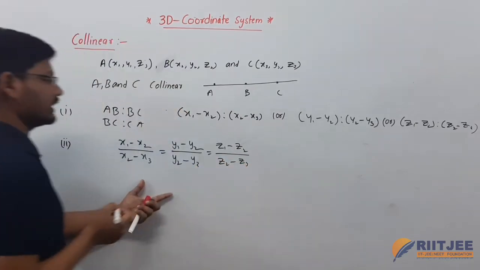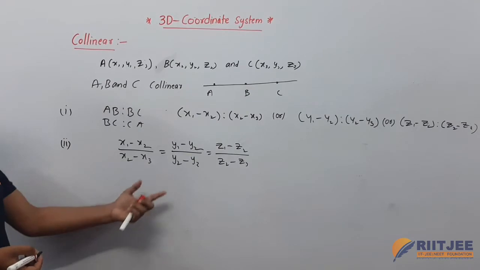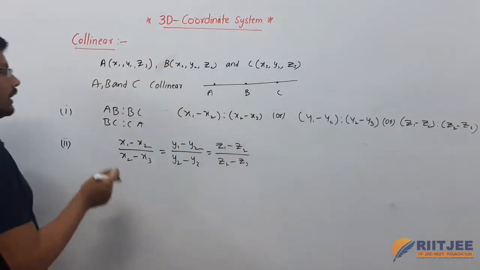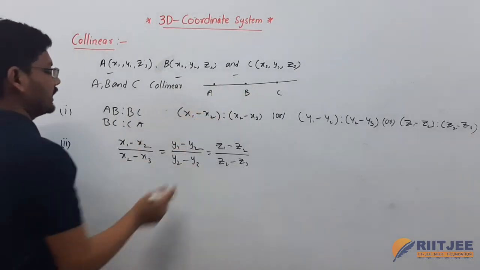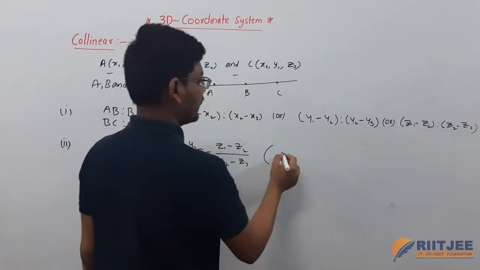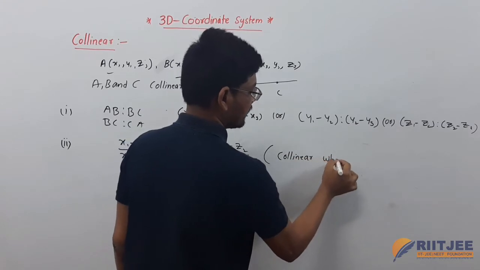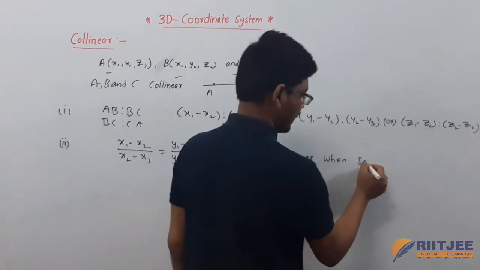This is the ratio condition of collinear. If this condition is satisfied, then these 3 points are collinear.